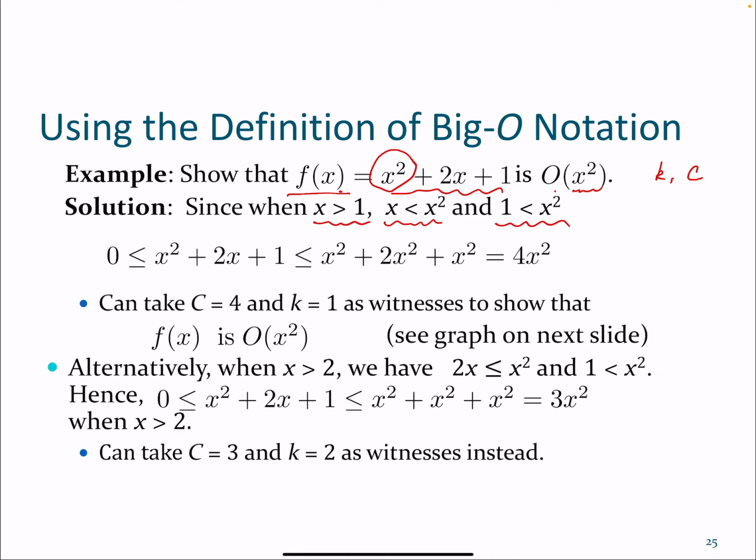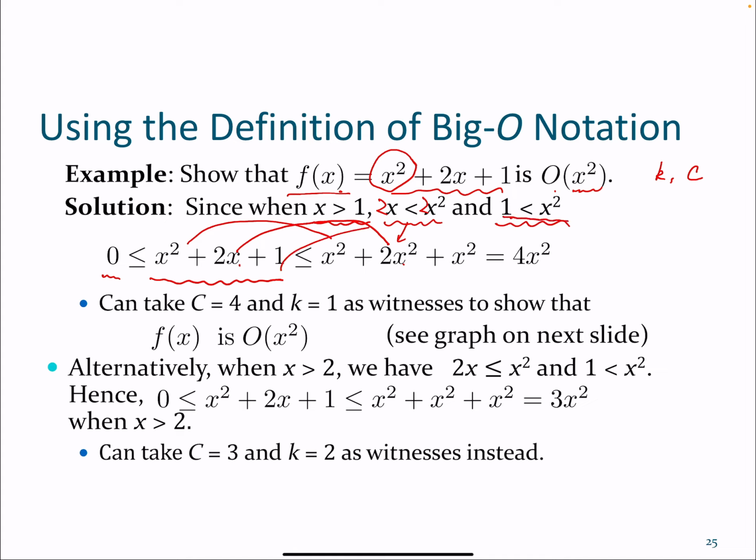With that, we can easily see that 0 is smaller or equal to f(x), which is smaller or equal to x squared plus 2x squared plus x squared. Because x squared is equal to x squared, and because x is smaller than x squared, 2x is smaller or equal to 2x squared. And also we know that 1 is smaller than x squared.